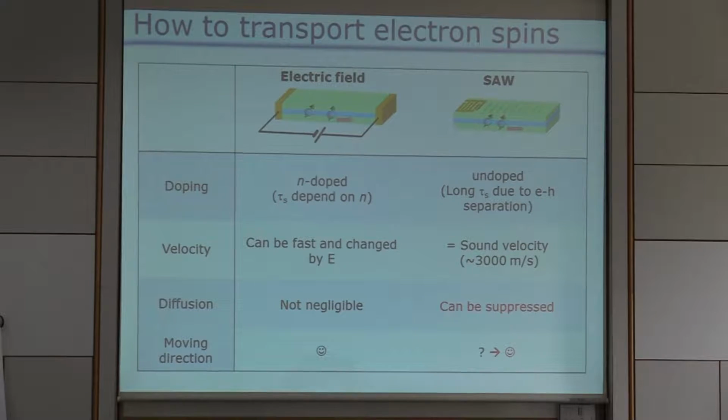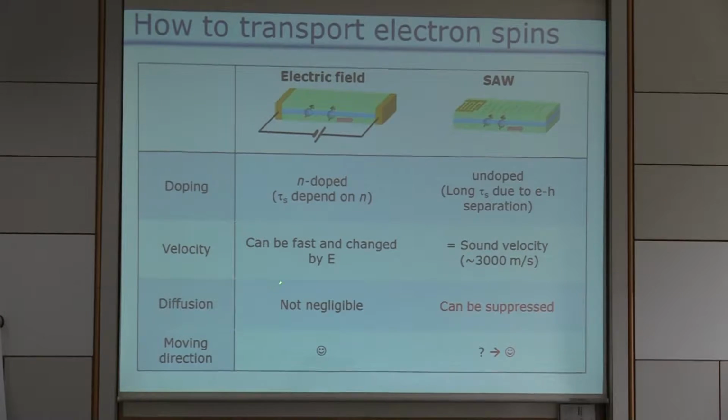But for the acoustic wave transport, we do not need doping. In general, the electron spin lifetime in an undoped sample is quite fast, but we can extend this because of the electron-hole separation. I will come back to this later.